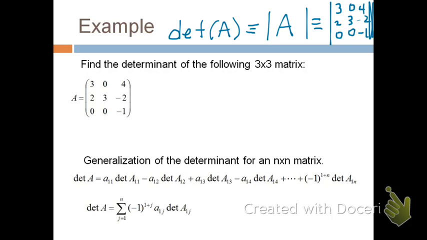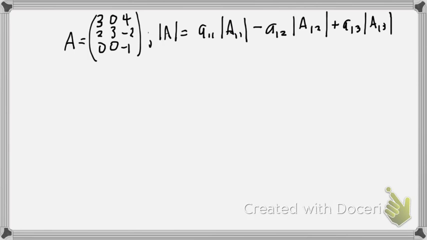So looking at this matrix, to find a determinant, we want to find this here. Recall the matrix A, and recall this matrix that we said was going to be our determinant.